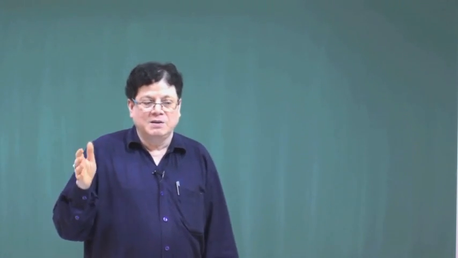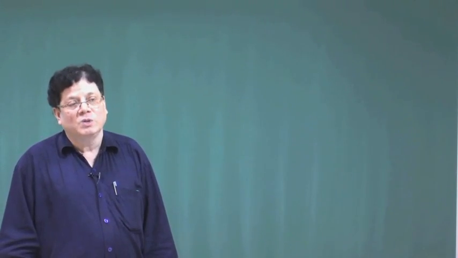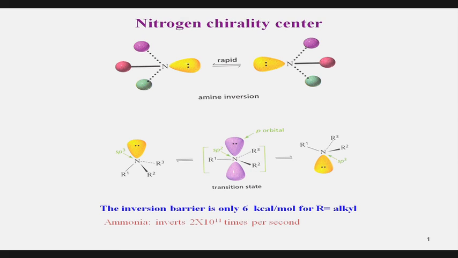So, you can go down nitrogen, phosphorus, arsenic, antimony, bismuth, and we can discuss the stereochemistry involved in all these in this series, but just for this course we will restrict our description only to the case of nitrogen and phosphorus. So, let us start by showing you the case of nitrogen.